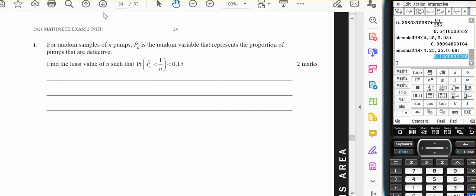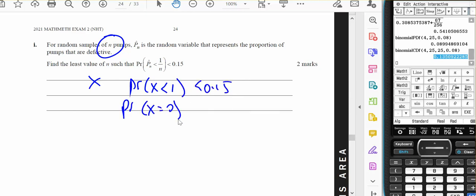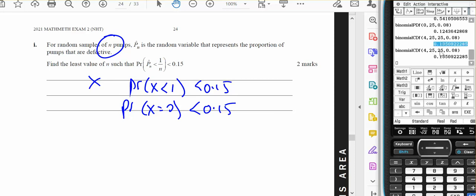And over the page, find n. So we'll multiply by n, so the probability that p hat is less than 0.15 means the probability that x equals 0 is less than 0.15. So I'm going to bring this into a new line. I want PDF with 0, and I don't know n. If it was 25, it's less.